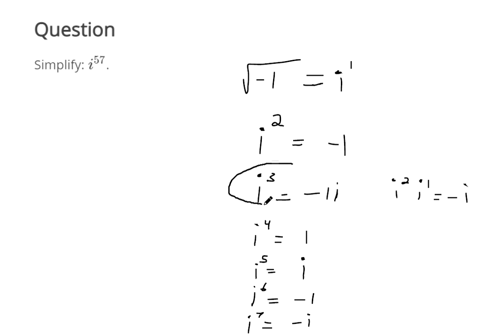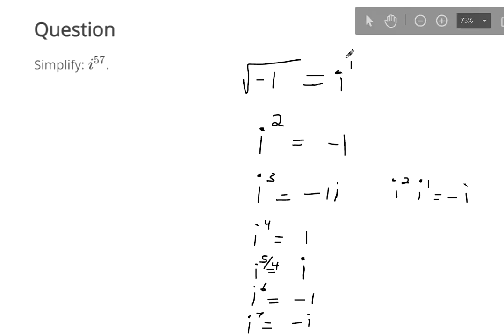If the remainder is 3, then it's -i. And if there's no remainder, then it's 1. So here, look, if you do 5 divided by 4, the remainder is 1. That leaves us with i, just like our formula says. So what we really want is the remainder.